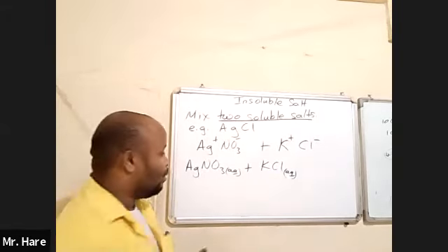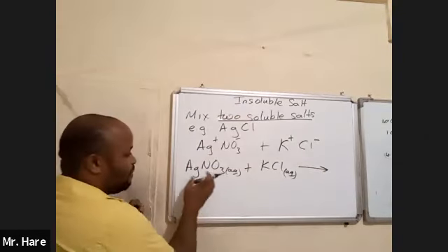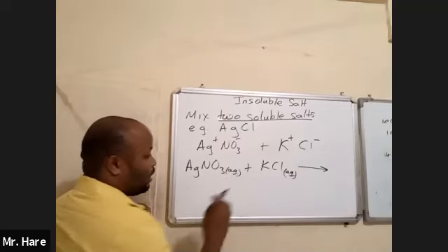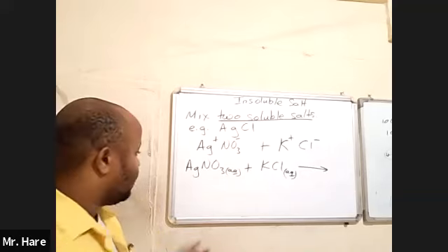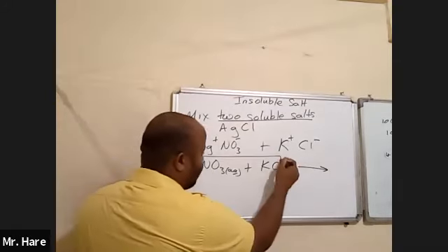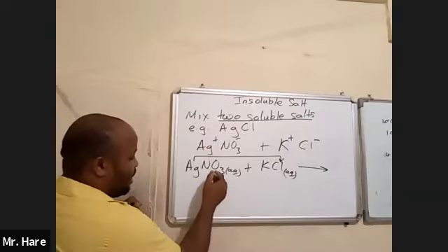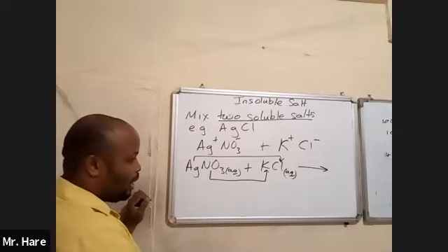What is going to happen now is that when you mix the solutions of these two salts, a double displacement reaction is going to take place. The silver ion is going to combine with the chloride ion, and the nitrate ion is going to combine with the potassium ion.